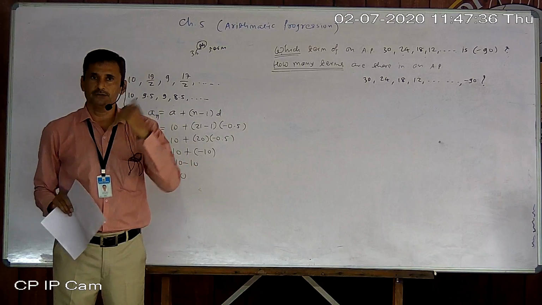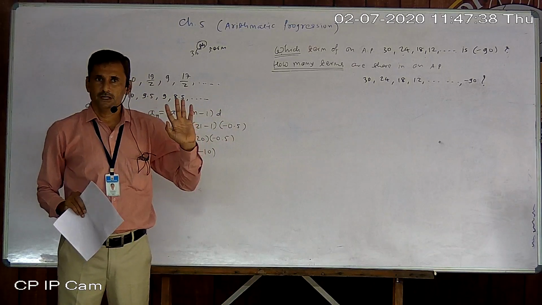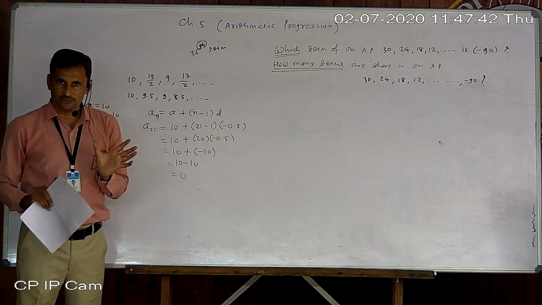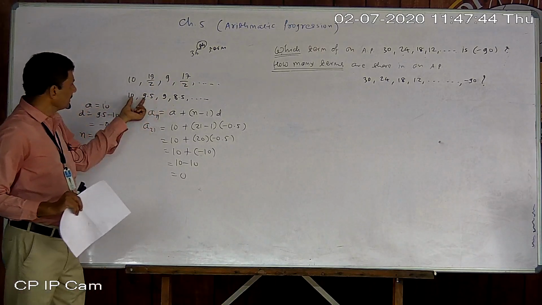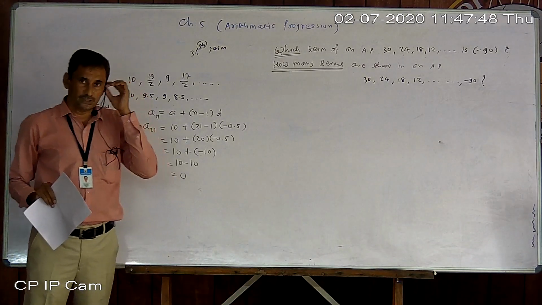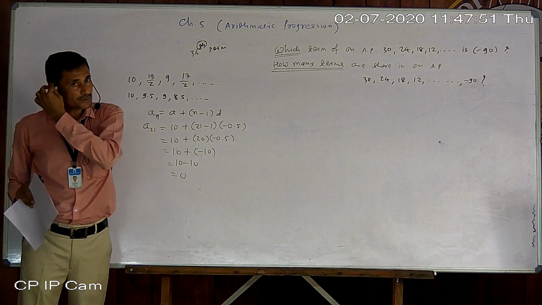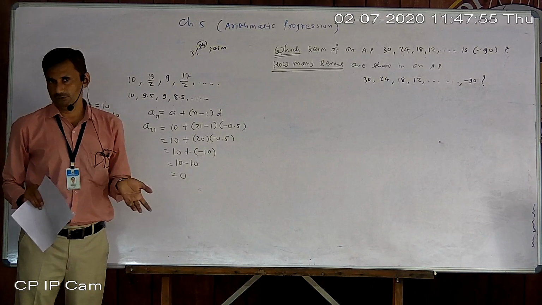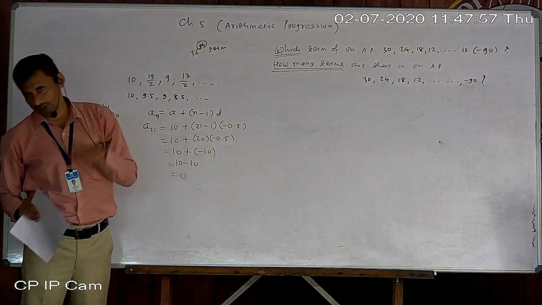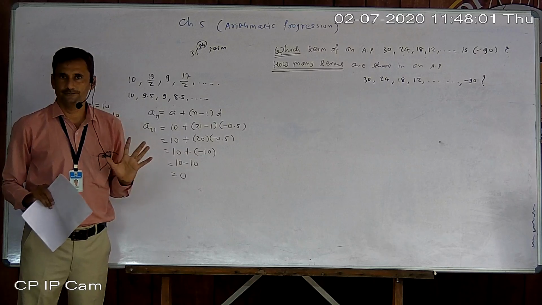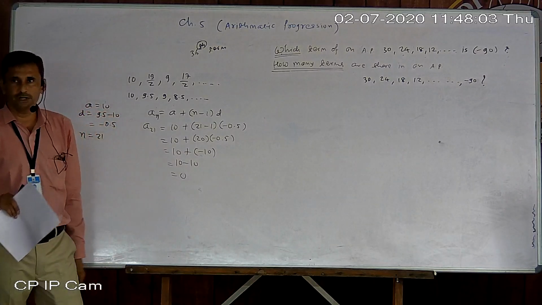Arithmetic progression is nothing but one type of series, in which the difference between two consecutive terms, means nearby terms, will be constant. Either it is negative, positive or 0. Maybe integer or fraction also. But the difference should be constant. That is the definition of arithmetic progression.